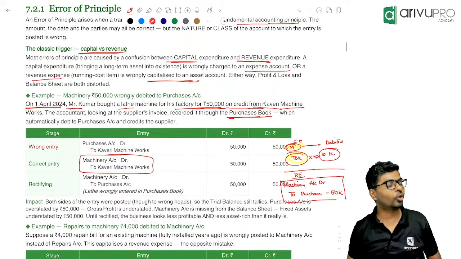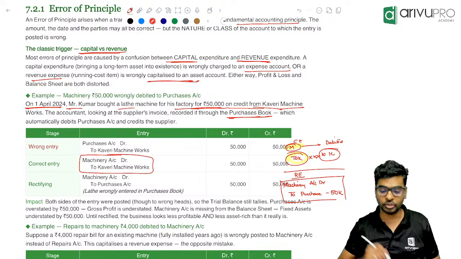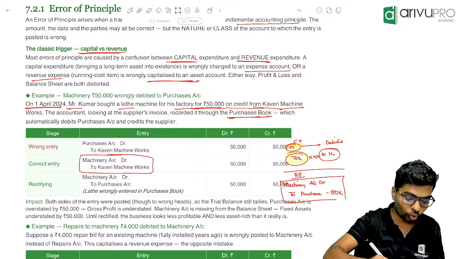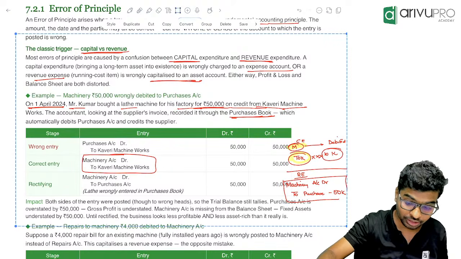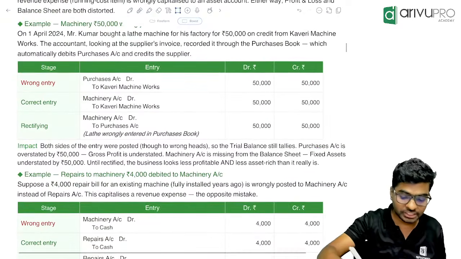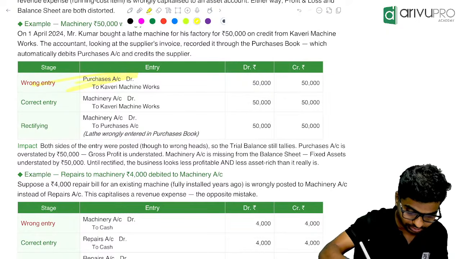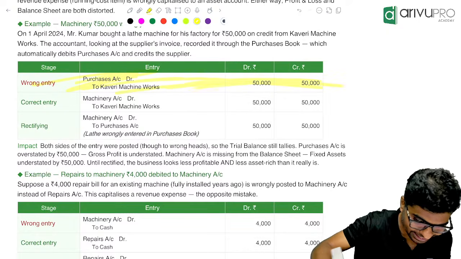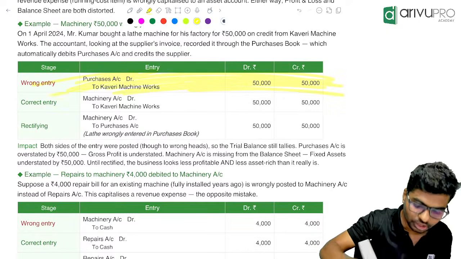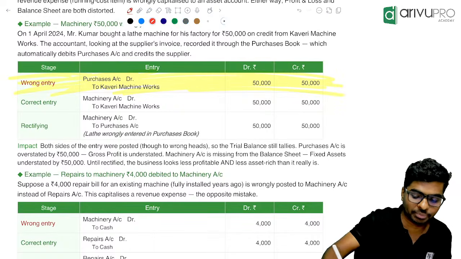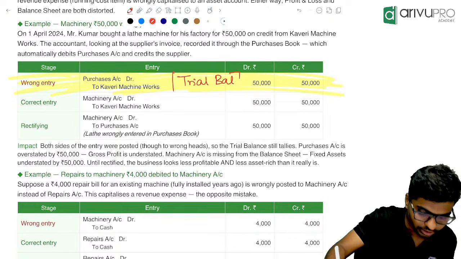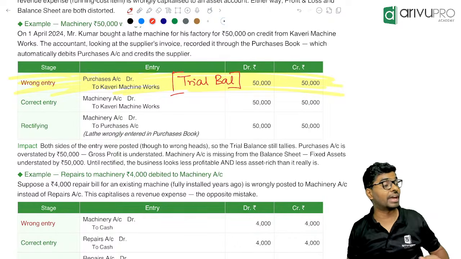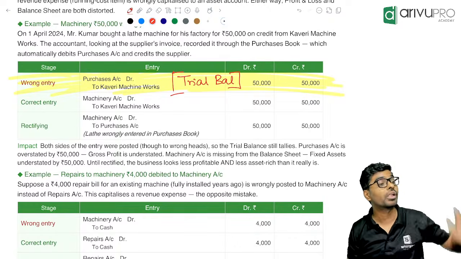Now, before I go to the next question, I want you to answer a core concept question. This is the error I have done. My question is: does this affect the trial balance?